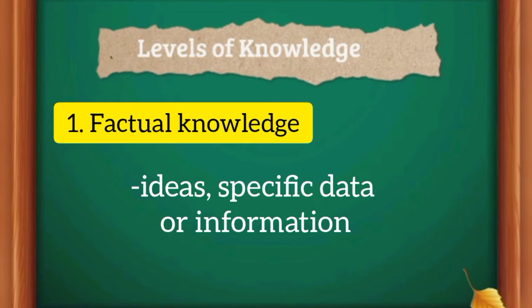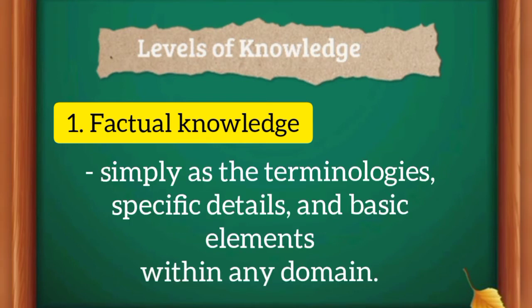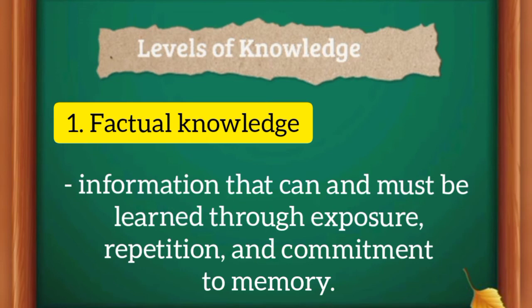It is simply also known as the terminologies, specific details, and basic elements within any domain. It is also the information that can and must be learned through exposure, repetition, and commitment to memory.